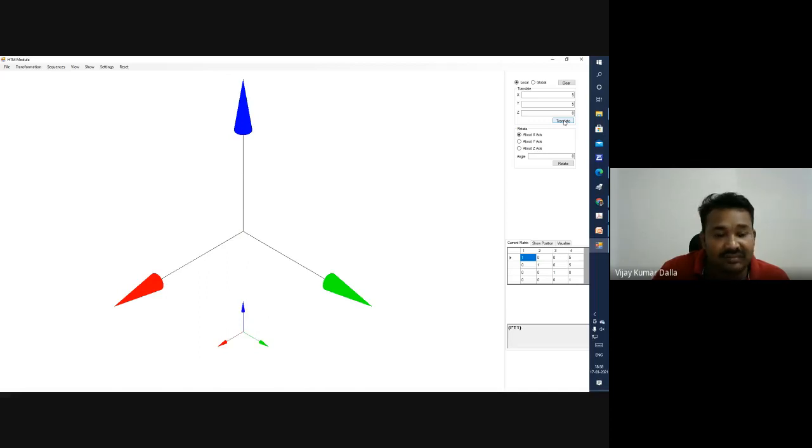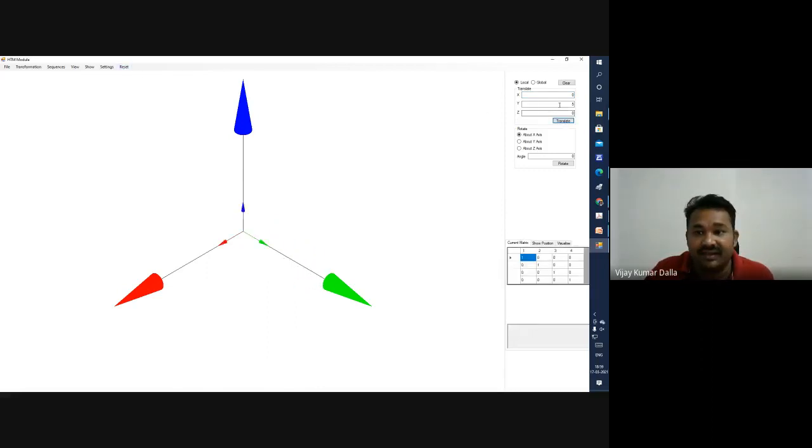Why is this? I wanted to move it along the y direction, but I forgot to put x is equal to 0, which I'm going to do again here. I put x is equal to 0, y is equal to 5, and see.